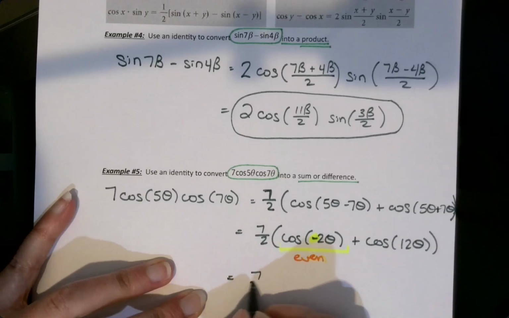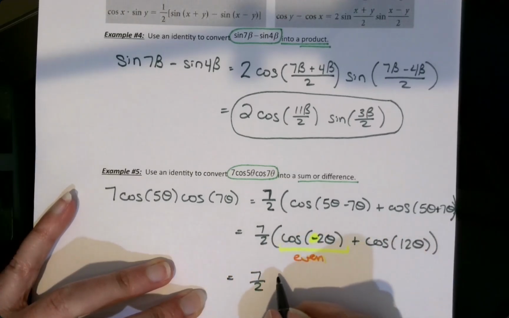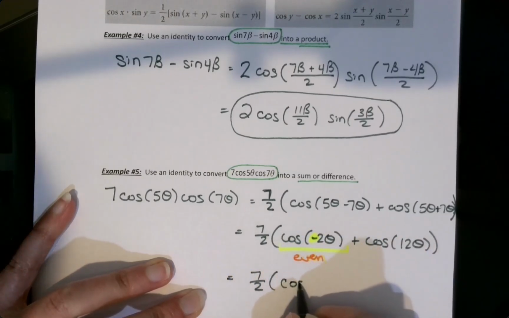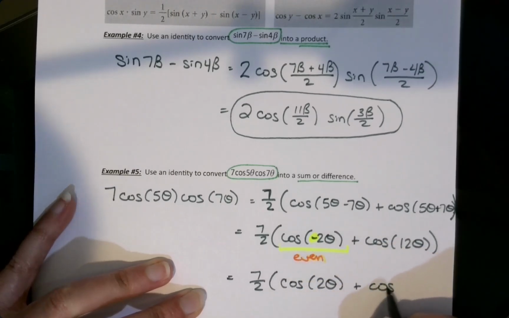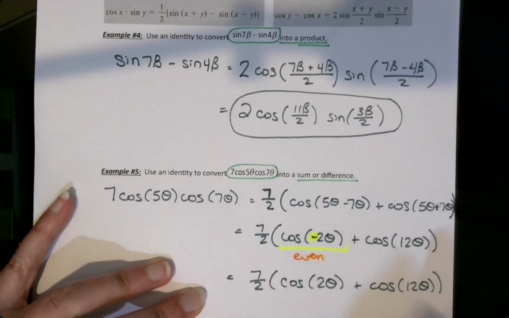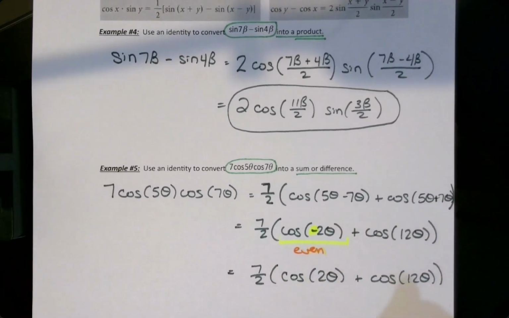So that means that the cosine of negative 2 theta is the same thing as the cosine of positive 2 theta plus our cosine of 12 theta. So that angle was not really fully simplified as the negative, but it can be simplified now as written as a positive angle.